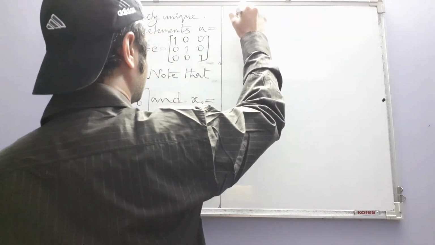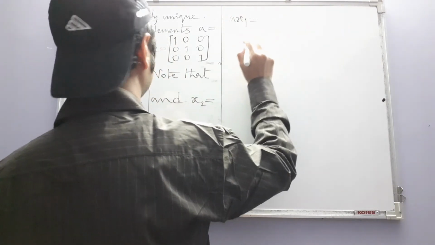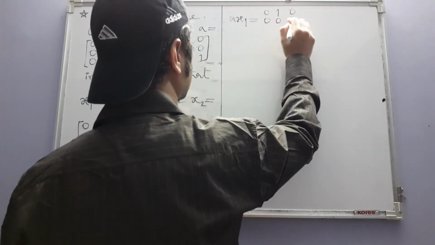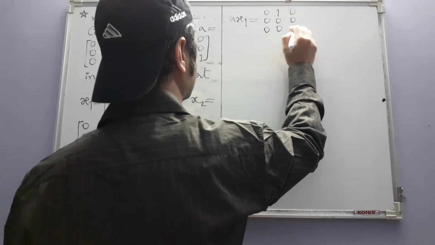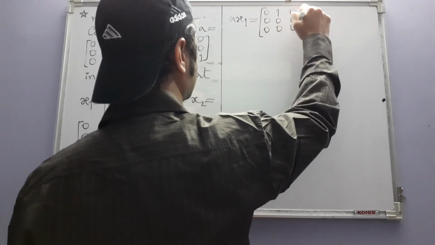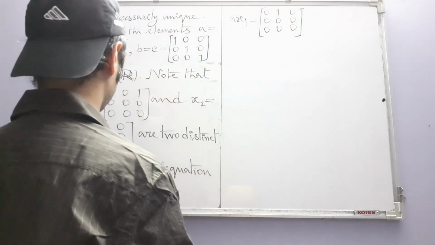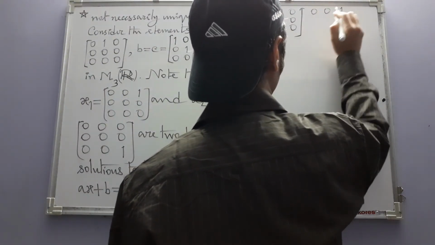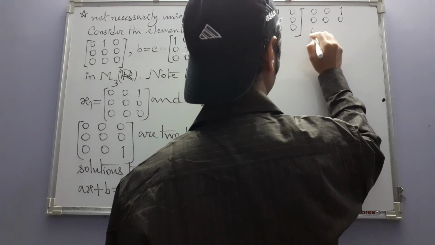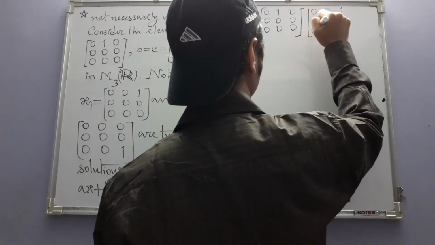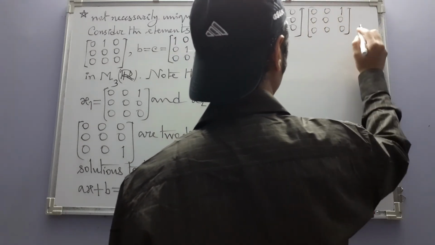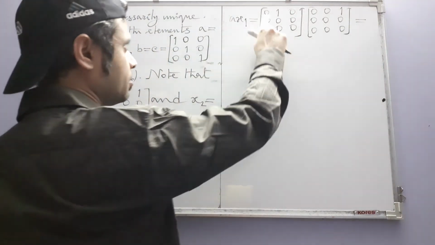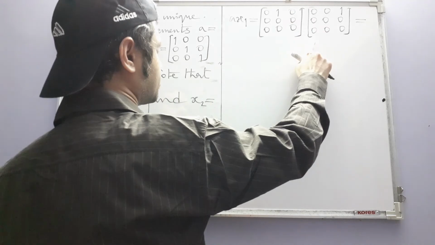So what is Ax1? And x1 is this one, 0 0 1 0. Now this will be what? First row, first column.